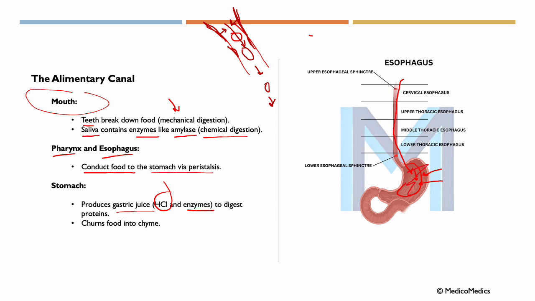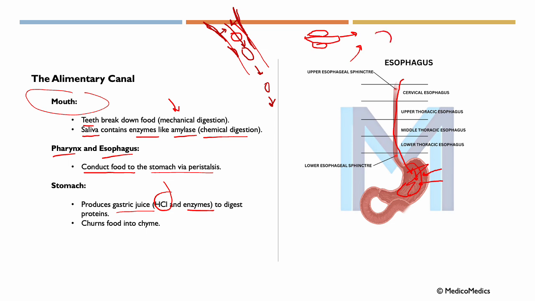So we started with, let's say, our burger here, that we take a bite of into our mouth, and then we are chewing it, or by the process of mastication, chewing. This food gets broken down, and then we have our salivary glands producing enzymes like amylase, helping in the chemical digestion.